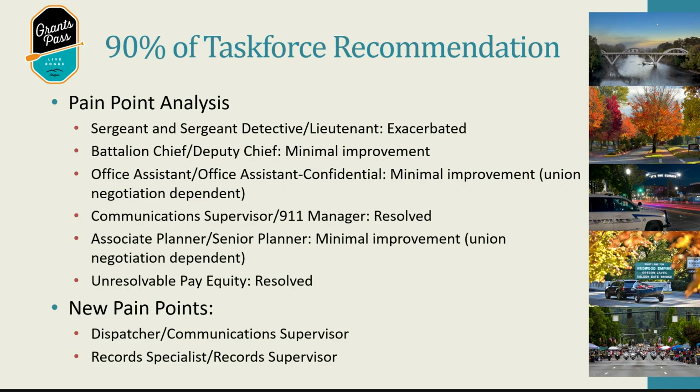And they have some of the same incentives, but at lower rates. So for EMT licensure, it's 2% for advanced, 3% for intermediate, and 5% for paramedic. For a degree, they can receive 2% for a master's, but a bachelor's degree or the equivalent is required for the deputy chief according to the job description.